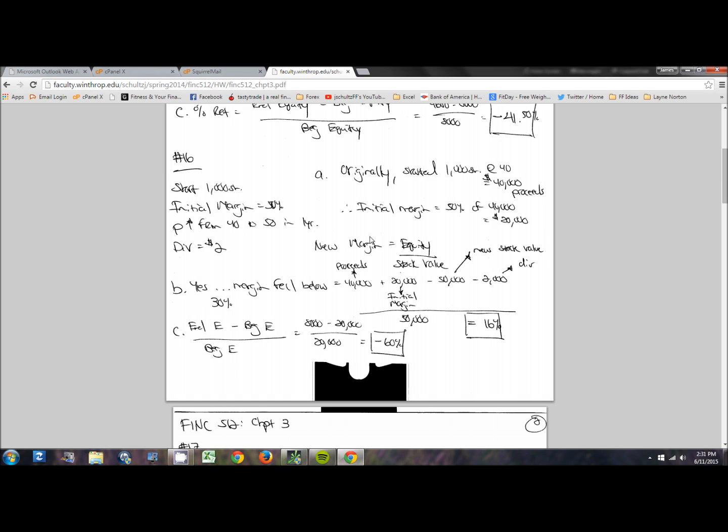Since the stock increased from 40 to 50, the total value of one piece of your liabilities is $50,000: the 1,000 shares that you shorted, currently selling for $50 apiece.